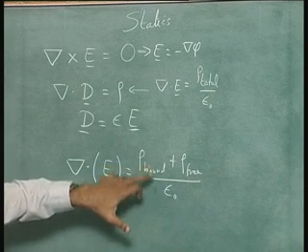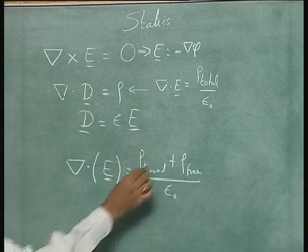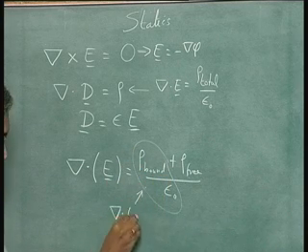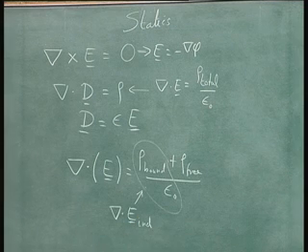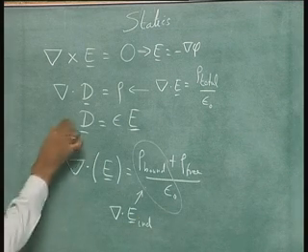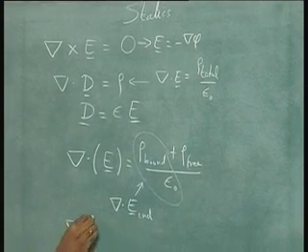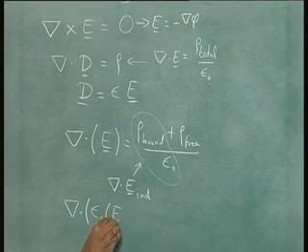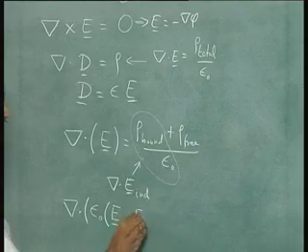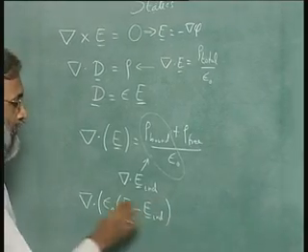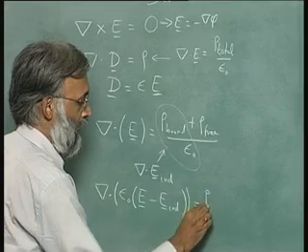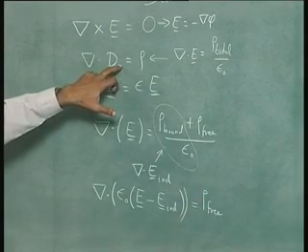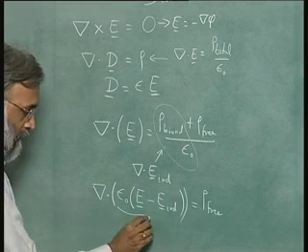And we identified this rho bound by epsilon naught, this piece, with a divergence of E induced. And so we came up with a new equation which was divergence of epsilon naught times (E minus E induced) was equal to rho free, and that is this equation. So this is nothing but D.